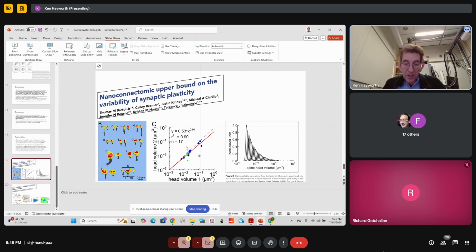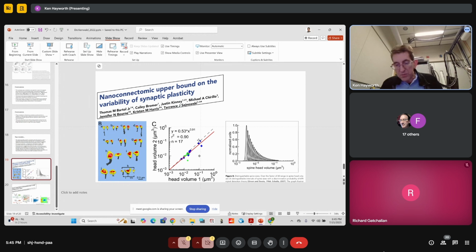If they were perfectly correlated, but they were all either small or large, that would be completely compatible with this paper. But what they were arguing is that we have a range of sizes and they're perfectly correlated.